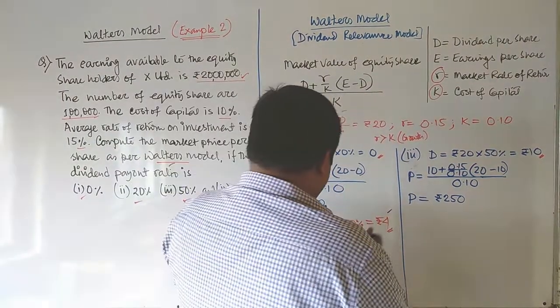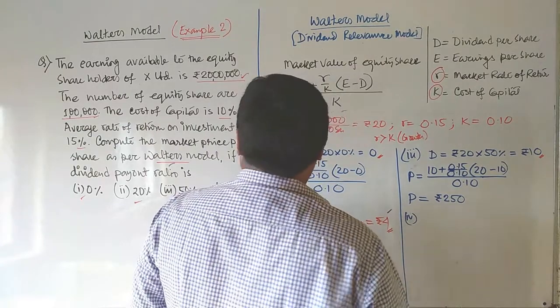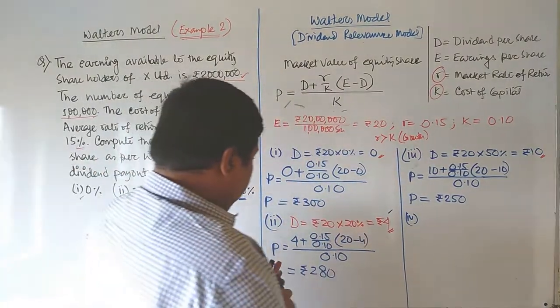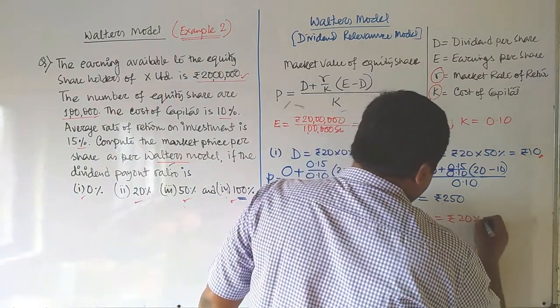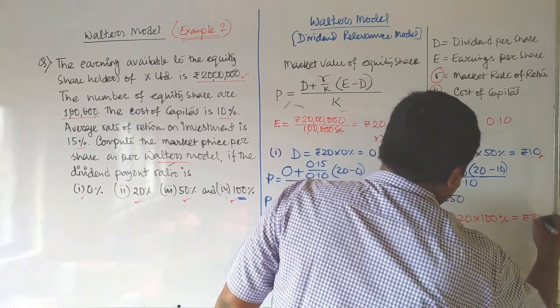Now we want to solve option 4. In option 4, it is mentioned over here, dividend payout ratio is 100%. Then D should be rupees 20 into 100%, rupees 20.